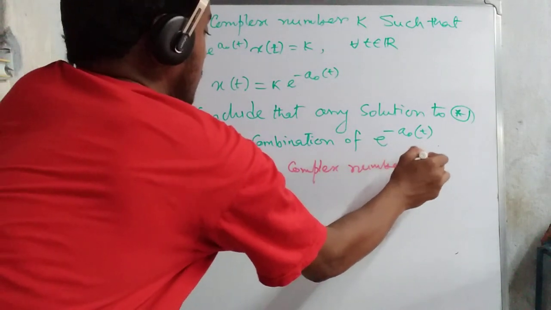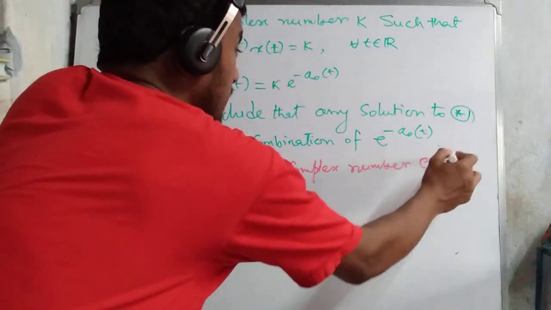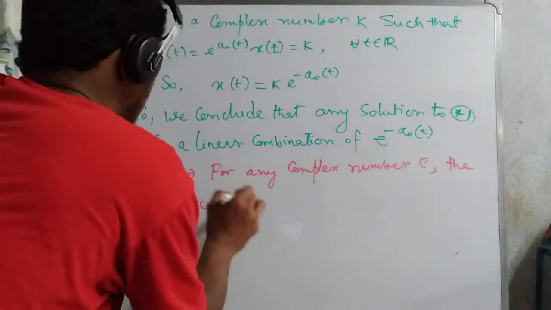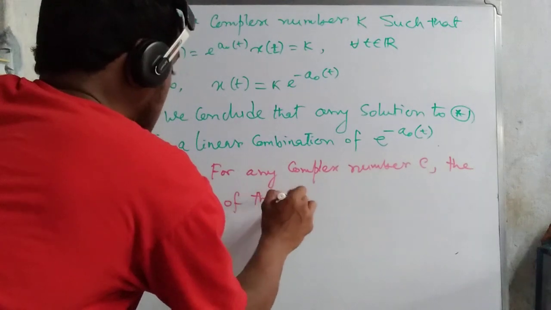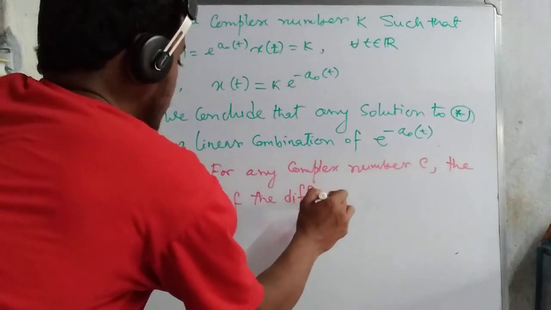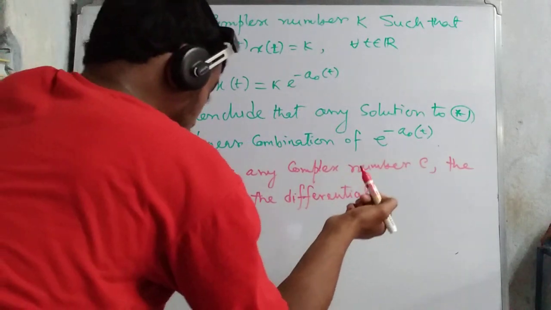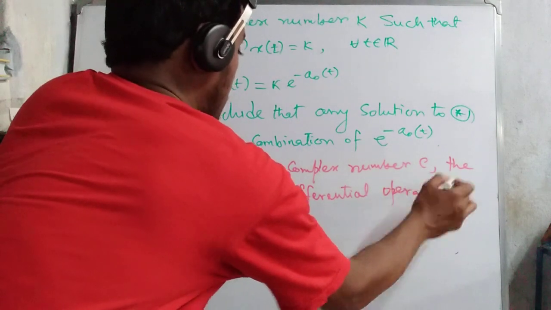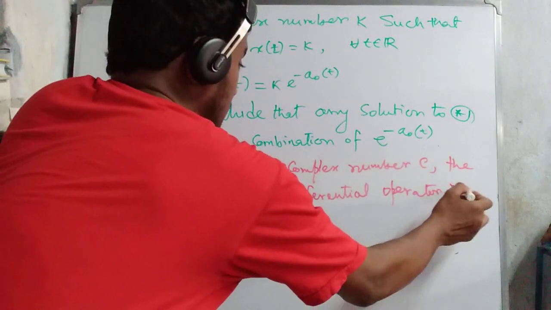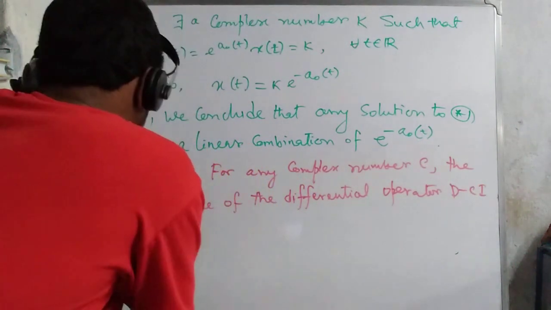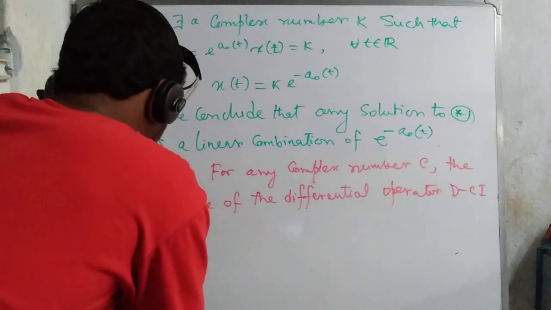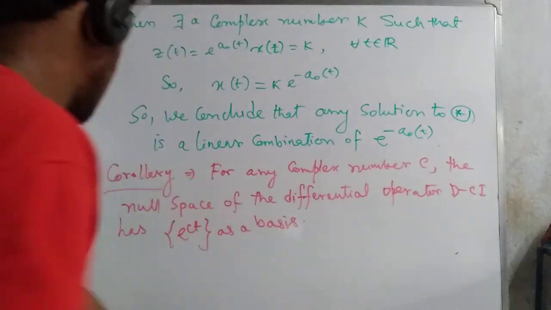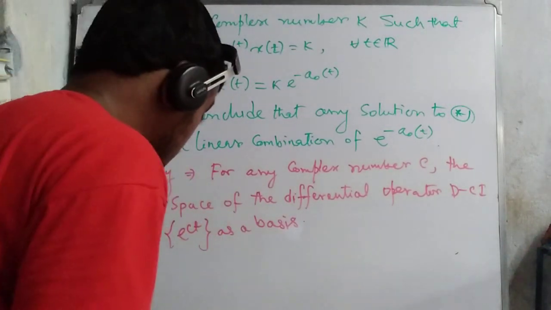for any complex number c, the null space of the differential operator D minus cI has e to the power ct as a basis.